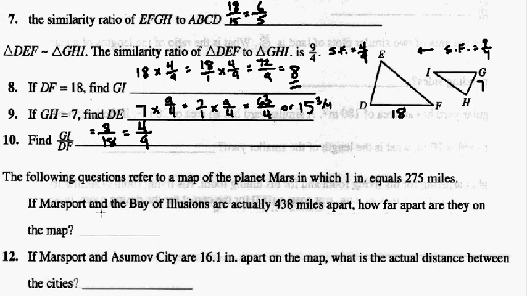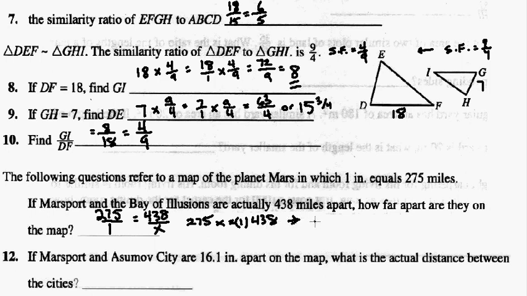We can say that 275 is to 1 as 438 is to x. Now we're going to cross multiply, so 275 times x is equal to 1 times 438.